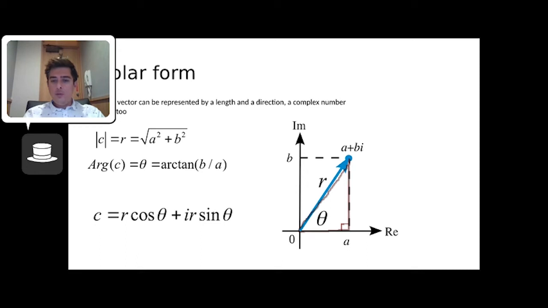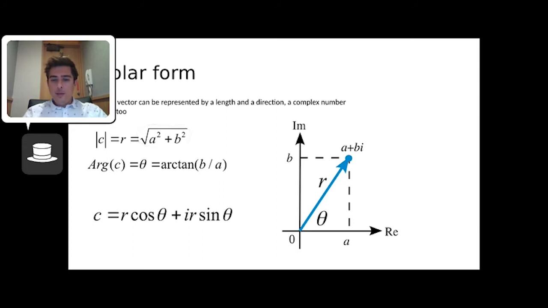The hypotenuse, the long side of the triangle, can be related to the other two shorter sides through this famous formula. So r is the square root of a squared plus b squared, and remember a and b are both real numbers, so there's nothing weird about squaring the numbers. That's straight out Pythagoras' rule.